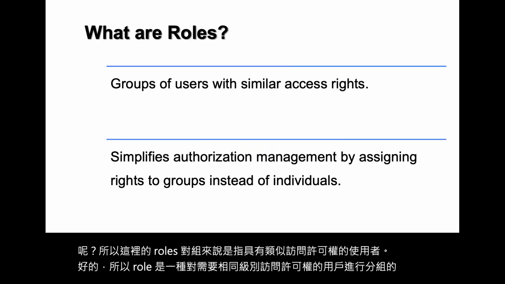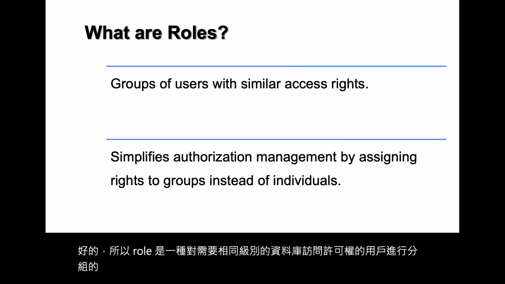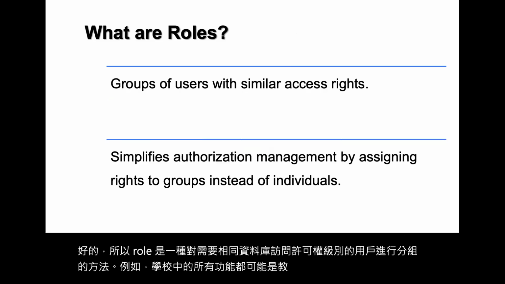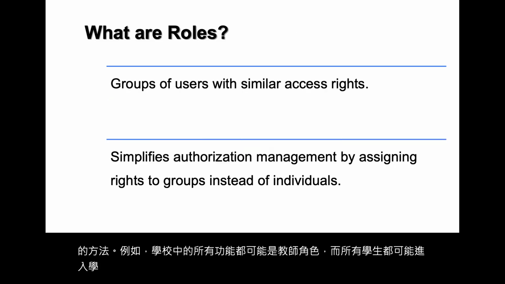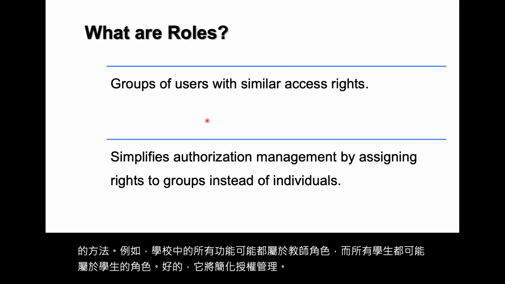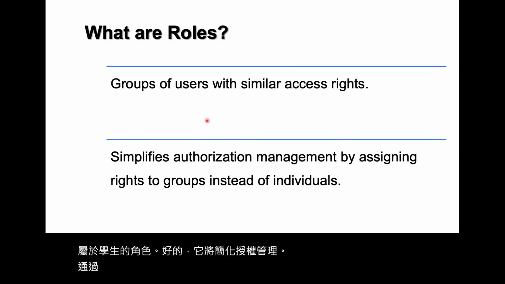For example, all teachers in the school might be grouped into a teacher role, while all the students might be grouped into a student role. And it will simplify the authorization management by assigning the rights to groups instead of to individuals.